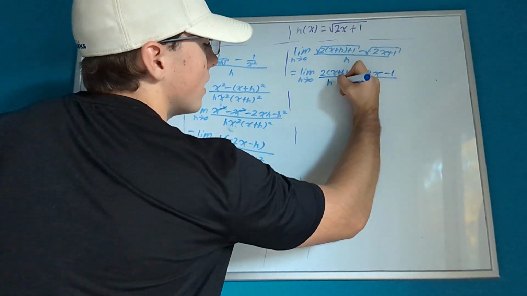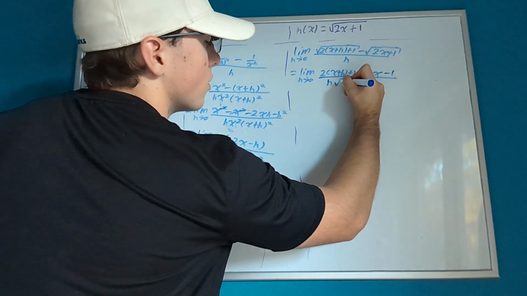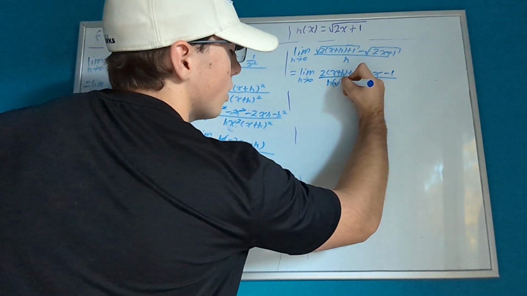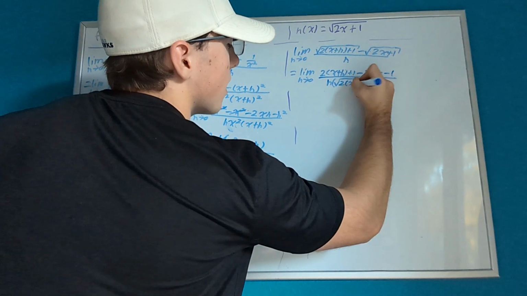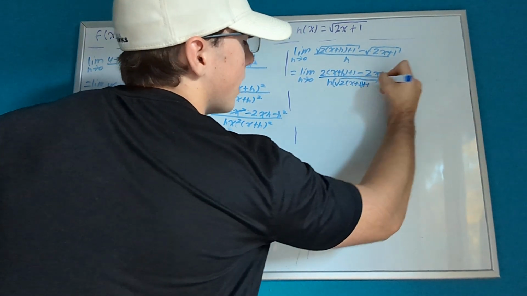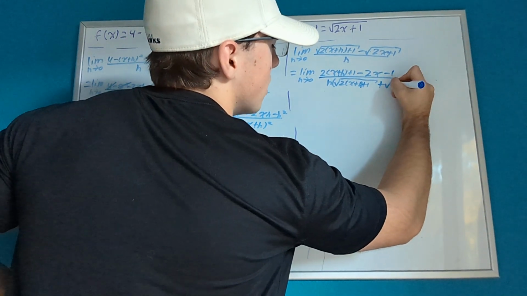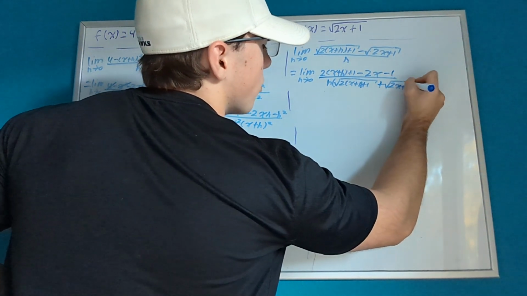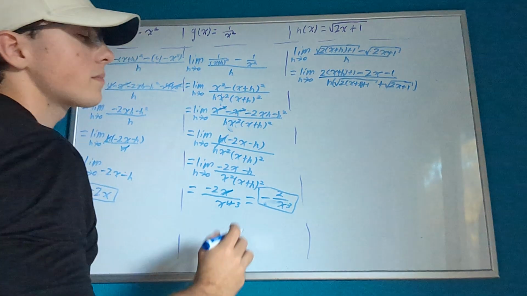And then down here we'll have h times the square root of 2x plus h plus 1, then it'll be plus the square root of 2x plus 1, rather than minus, okay?